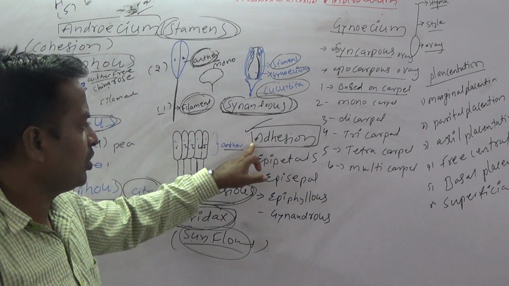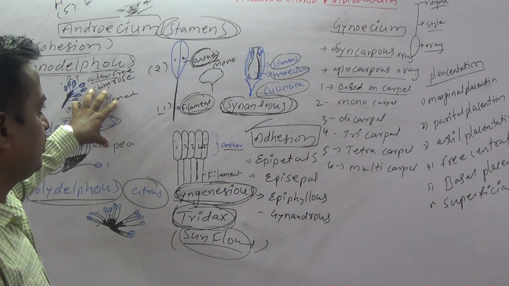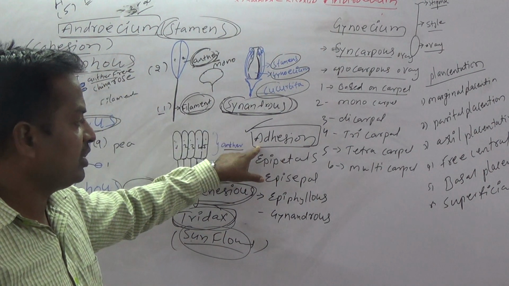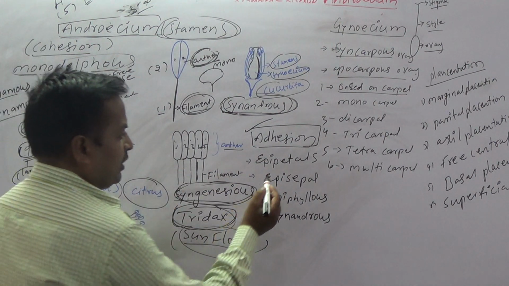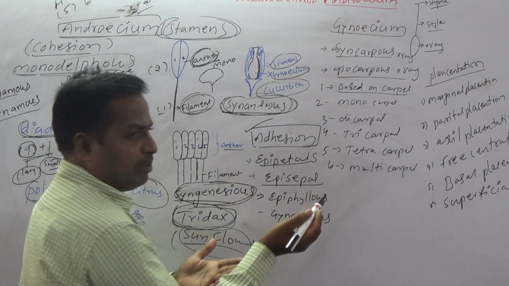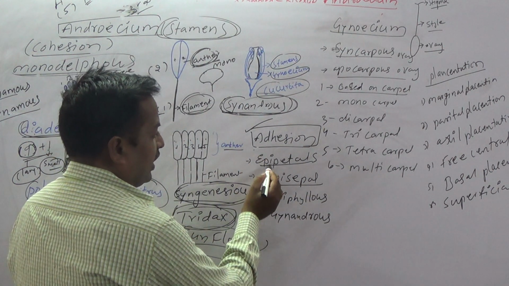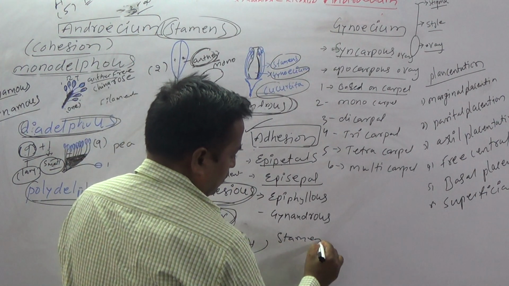So next we discuss adhesion. What is adhesion? Here the staminal parts are united, but here the stamens are united with other floral parts. If united with petal, epipetalous. If united with sepal, episepalous.